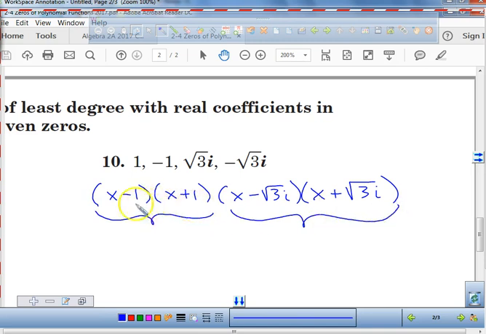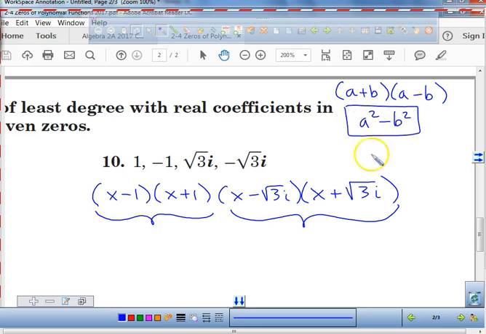I'd like you guys to multiply these together and then attempt to multiply these together. Just remember, when I say a plus b times a minus b, that becomes a squared minus b squared every single time.